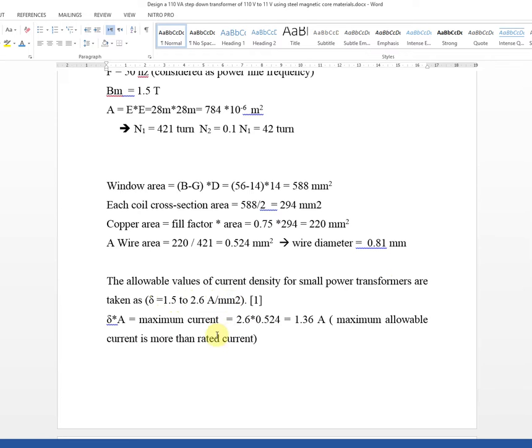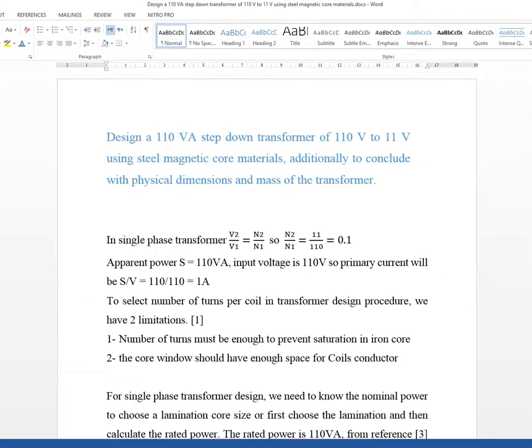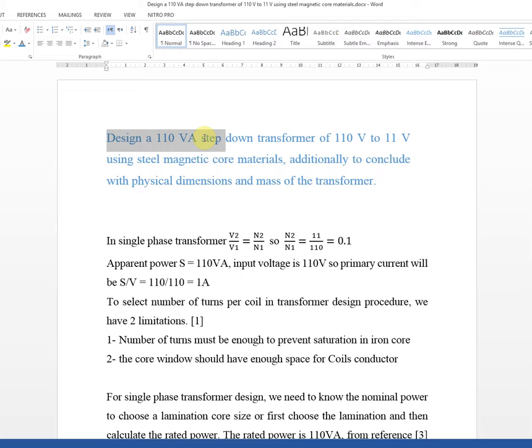If we use the maximum current density for this transformer, we can calculate that our maximum allowable current is 1.636 amperes, which is higher than the rated current of the transformer. So our design is okay for this amount of volt-amperes.